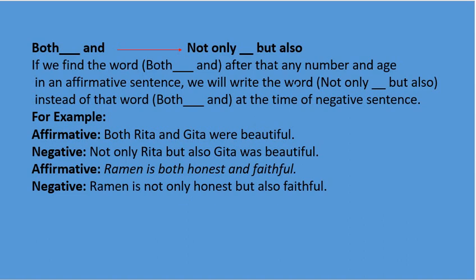For example, affirmative: Both Rita and Geeta were beautiful. Negative: Not only Rita but also Geeta was beautiful.